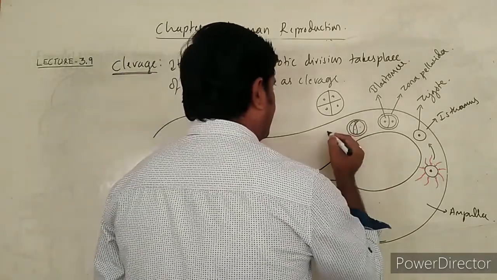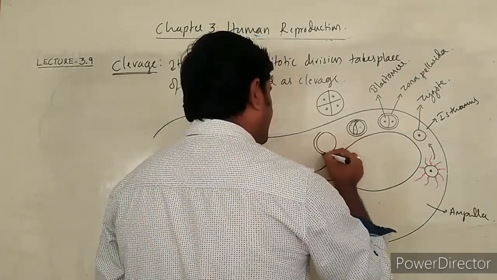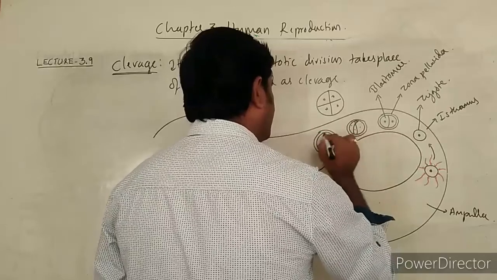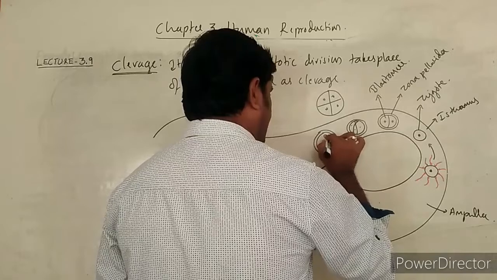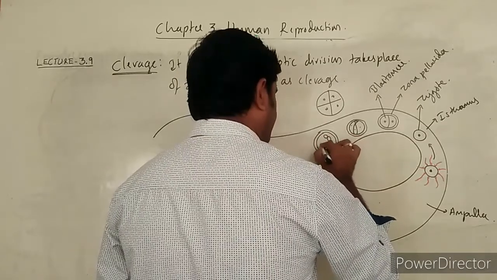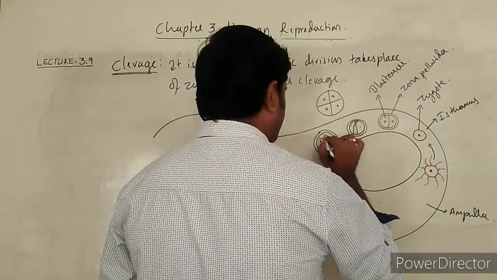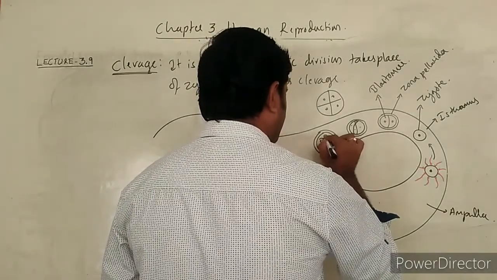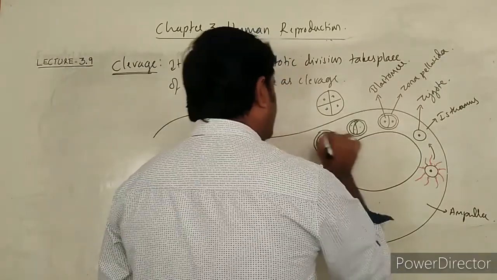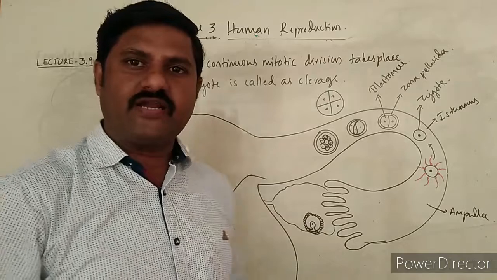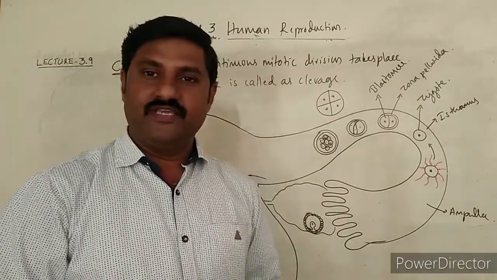And later in the next one, the 8-celled stage occurs over here. All the 8 cells are very compactly arranged within the zona pellucida which is present over here, right?